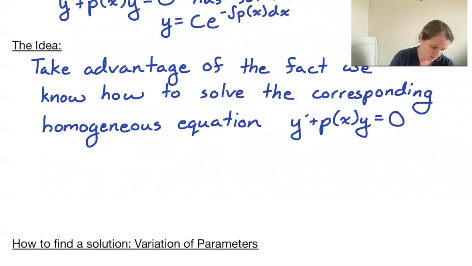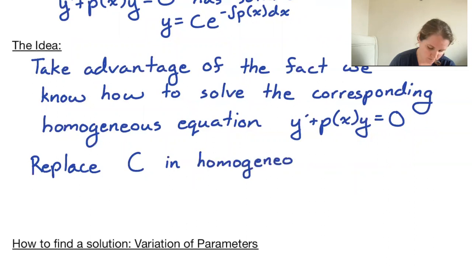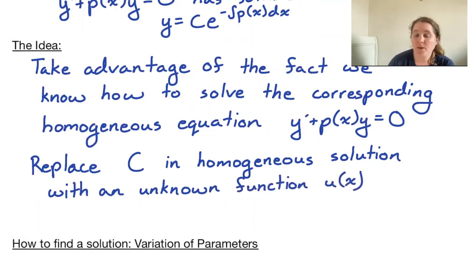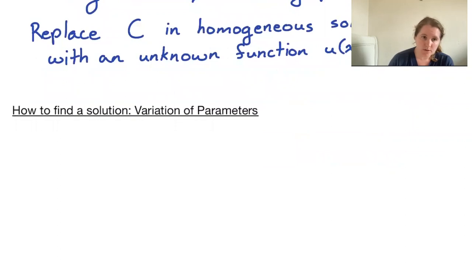So we're going to replace the c in the homogeneous solution with an unknown function u of x, and then hope that we can find some u of x that will satisfy our non-homogeneous equation. This is what is called variation of parameters.